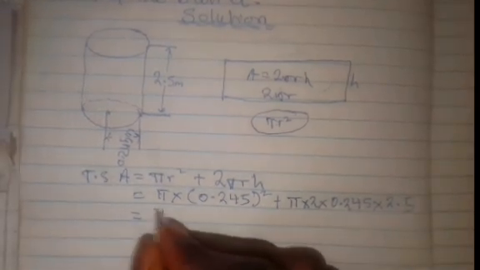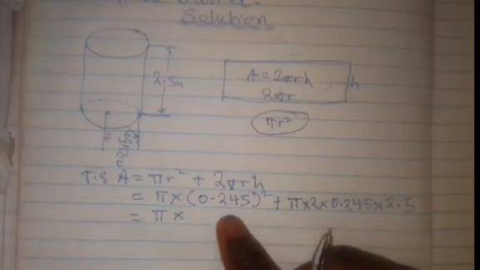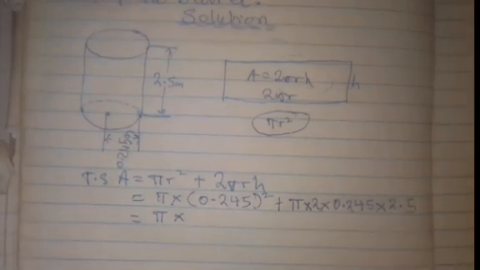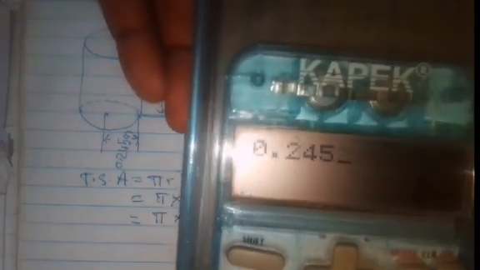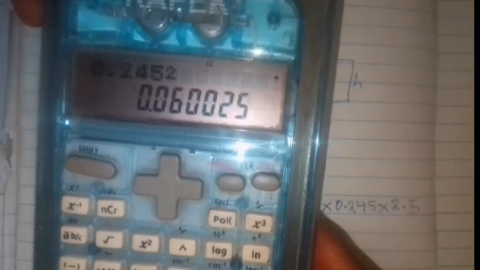Okay, so let's come to the next step here. The pi is still constant, so here we are going to use our calculator to get 0.245 squared. And here is the calculator. First thing we do is to turn it on, okay, and then we put our 0.245 squared, and that will give us 0.060025.